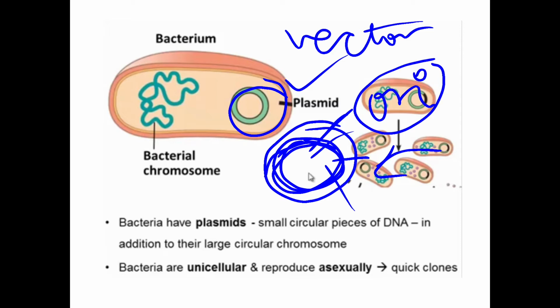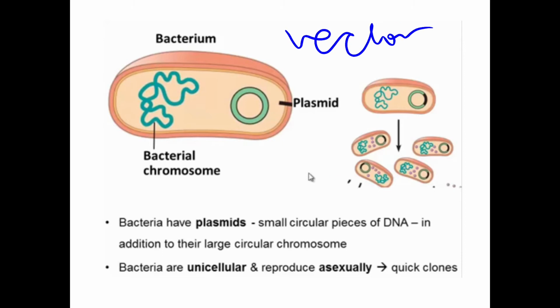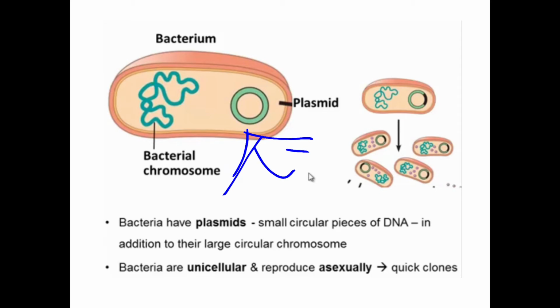We also know that bacteria are unicellular organisms that reproduce asexually and can produce a large number of daughter cells within a limited time. That's why we prefer bacteria as a host organism which multiplies the gene of interest within it.